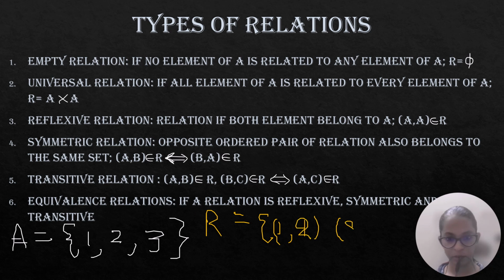Then we are taking 2, comma 3. For this to be transitive, it also requires another relation that consists of the first element here, 1, and the last one here, 3, excluding the common element. So the third element would be 1, comma 3.